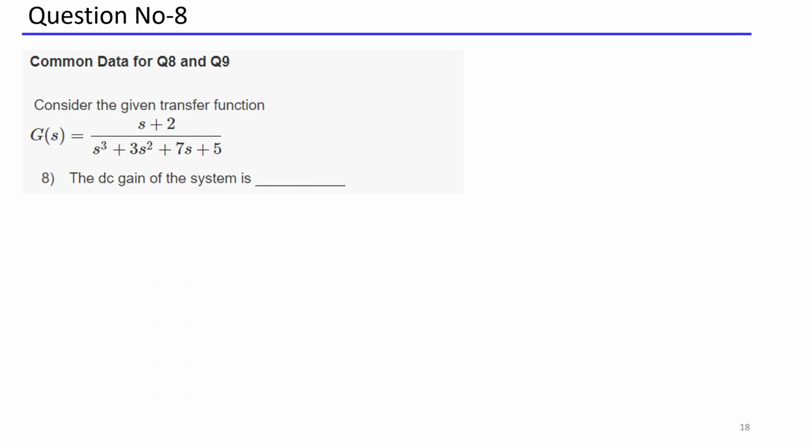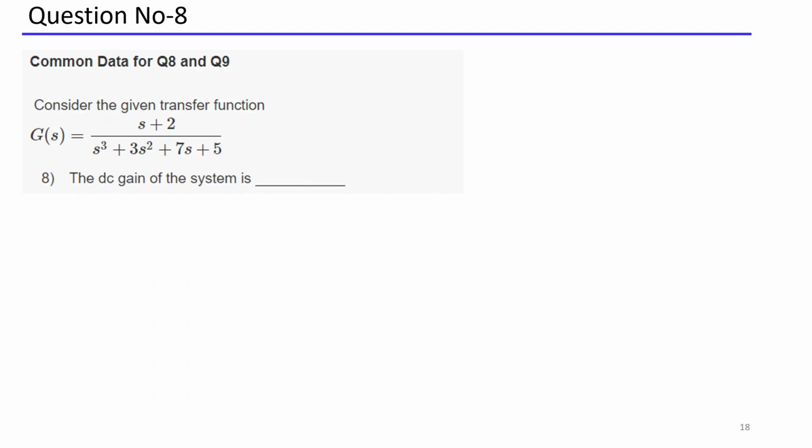So this is also a very powerful question. Actually, most of the time in examinations, they will give a transfer function to you and they will ask you to find the DC gain of the system. What is the DC gain of the system? It's 0.4, sir. Sorry, 0.4, we are saying 2 by 5 is 0.4, right?